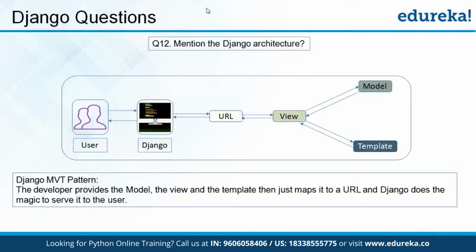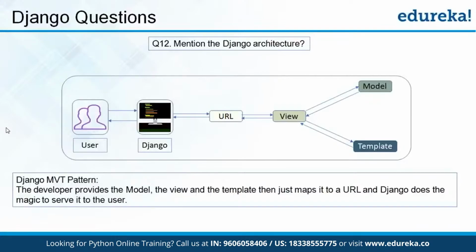The view in Django functions as a regular controller. It takes care of all the controller aspects, whereas the template, the T, is similar to the view in MVC, because T is basically the templating part where you have your HTML templates, your text templates. You've got different types of templates, typically your HTML templates.